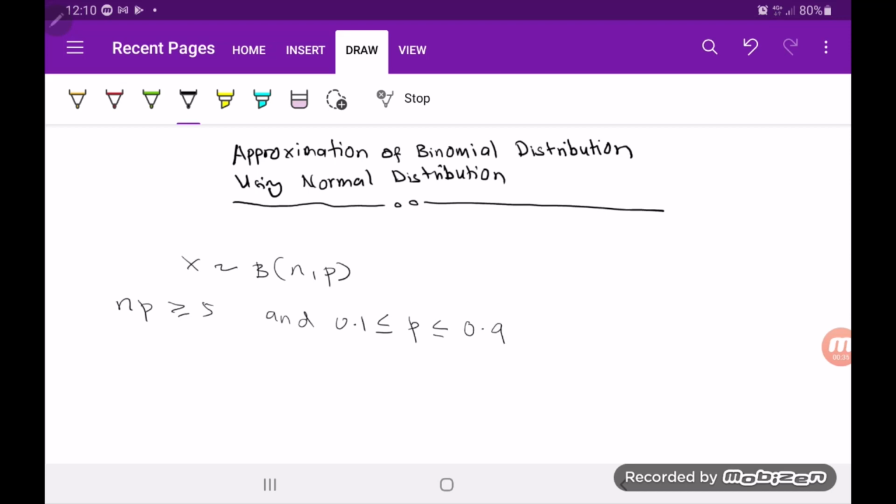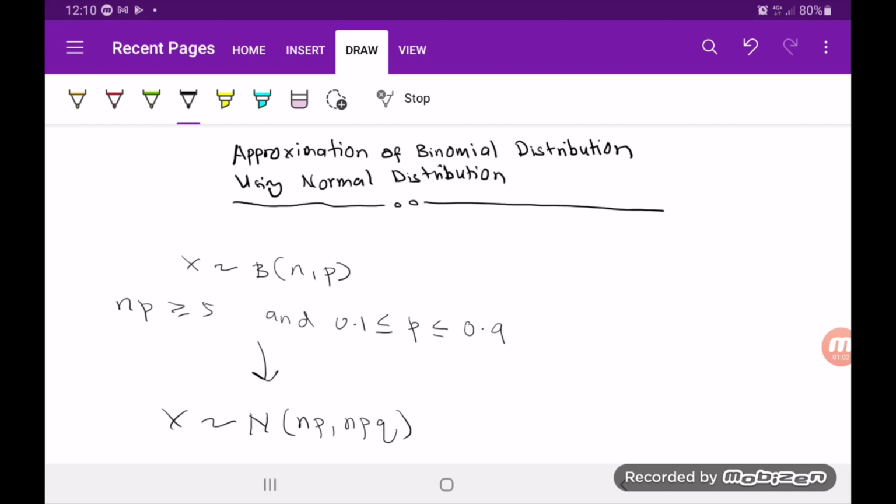So x can be approximated by a normal distribution, where the mean is np and the variance is npq. Okay, that means you change from the binomial distribution to the normal distribution.